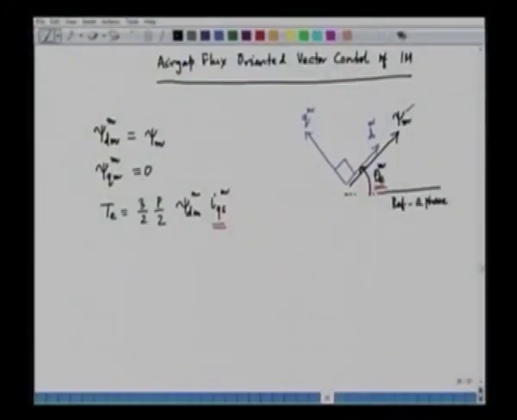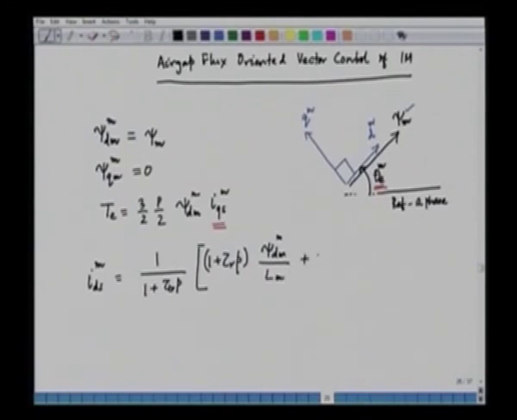So, in the last lecture what we have obtained is the following, that IDS m is equal to 1 by (1 plus tau LR p) into (1 plus tau R p) psi dm by Lm plus omega SL tau LR into IQSM.